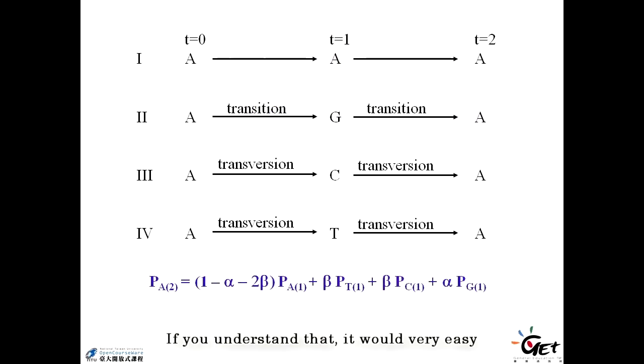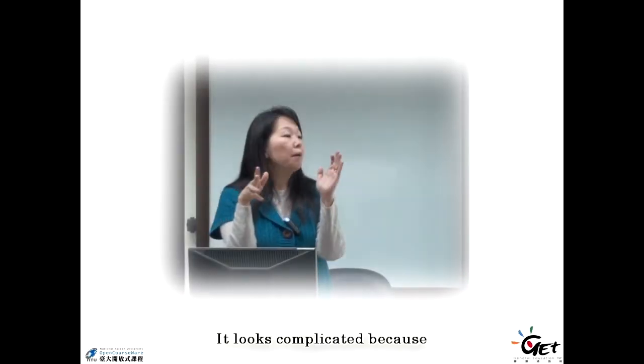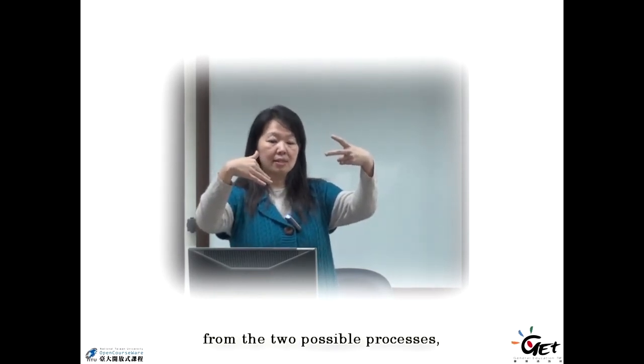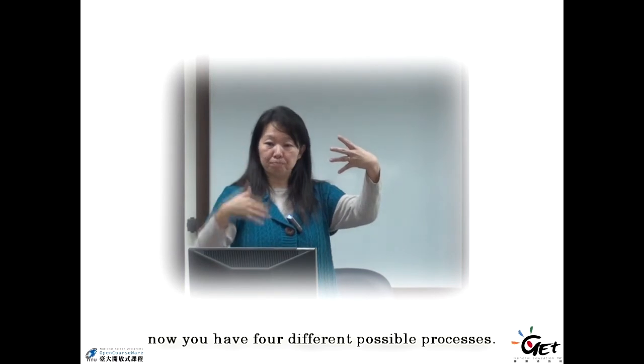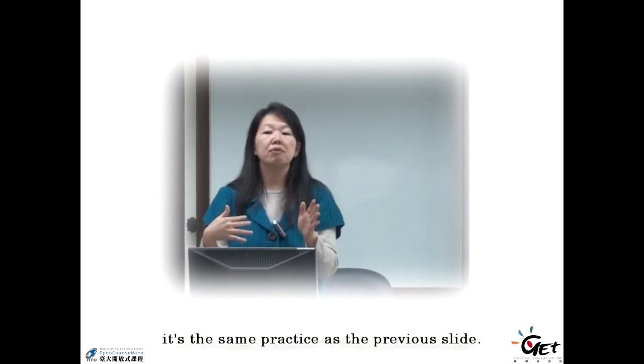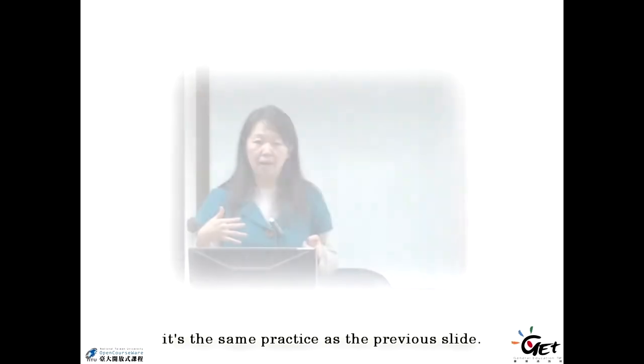If you understand that, it will be very easy for the following slides. The following slides just put transition and transversion on this slide. It looks complicated because from 2 possible processes, now you have 4 different possible processes. But for each individual one, it's the same practice as the previous slide.